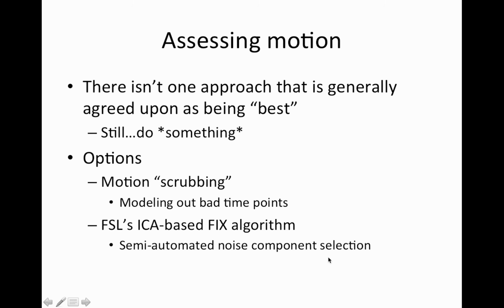So you take a few subjects, you run them through ICA, and you mark their bad components. And then at least FSL's fix uses a machine learning algorithm to go through the rest of your subjects and mark their bad components. And then you take the time series from those and put them in your model. I'll do a separate video on this because I have really wanted to take fix for a drive because I haven't used it yet. But that will be later on.